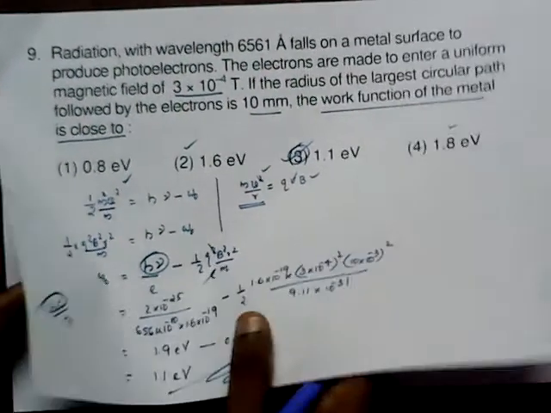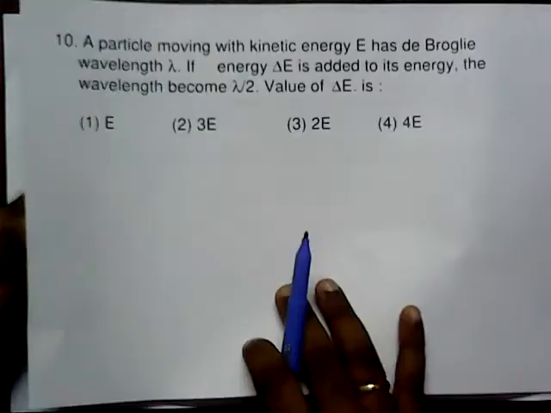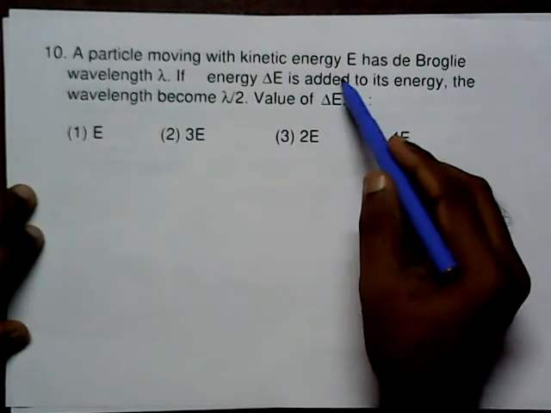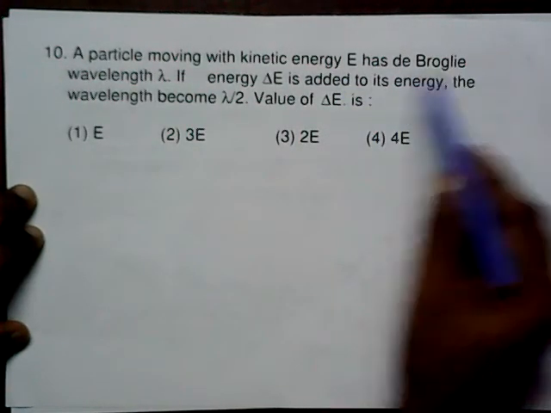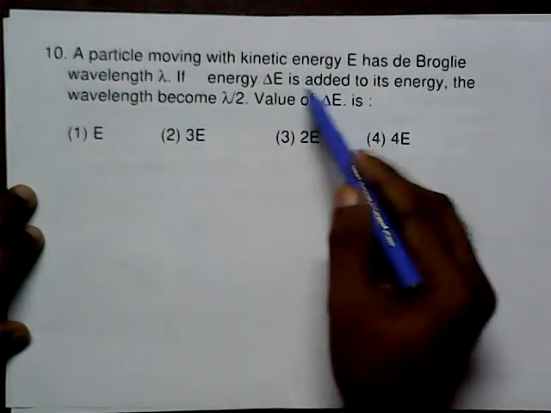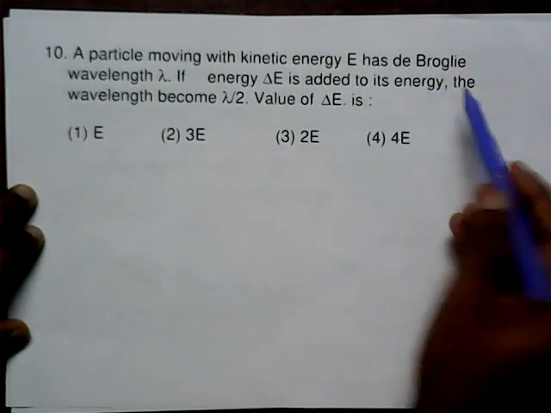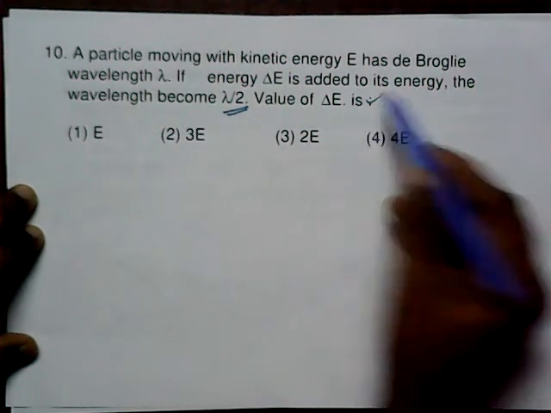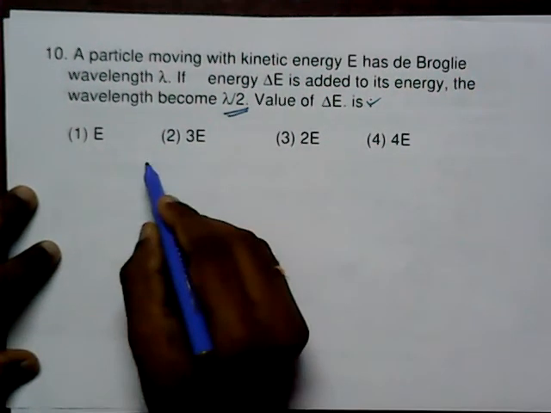Number 10. A particle moving with kinetic energy has a de Broglie wavelength lambda. If energy delta E is added to this energy, the wavelength becomes lambda by 2. Then find the value of delta E. It is a simple concept.